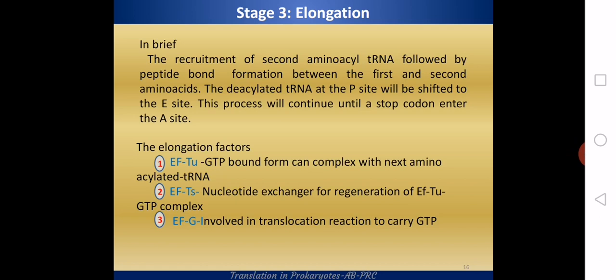So only IF2 is responsible for recruiting aminoacyl tRNAs to the P site. That is very unique to IF2. Clear? Then the second factor is EF-Ts. This is usually helping the EF-Tu GTP regeneration. Then EF-G is involved in the translocation process. Clear?